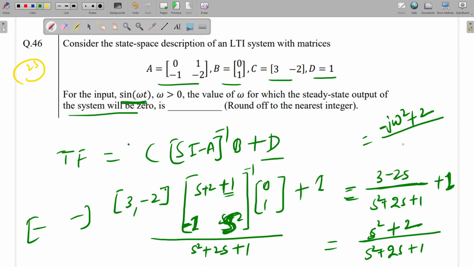Some mistake is there. The denominator is s square plus 2s plus 1. See how it will be 0? At the omega value, this magnitude should be 0. So the magnitude will be under root, but how will the magnitude be 0?